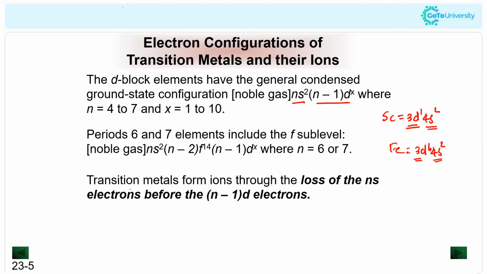So commonly we can say transition metals form ions through the loss of ns electrons before the (n-1)d electrons. Because while filling the electrons, first the electrons go to 4s, then only to 3d, because 4s has less energy than 3d, but still 4s is the valence shell.